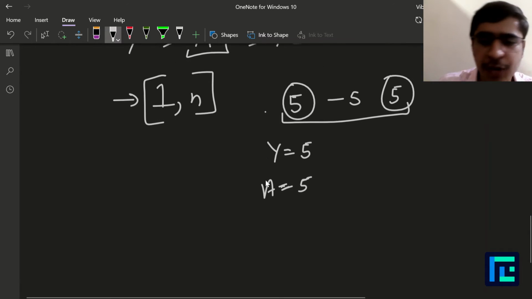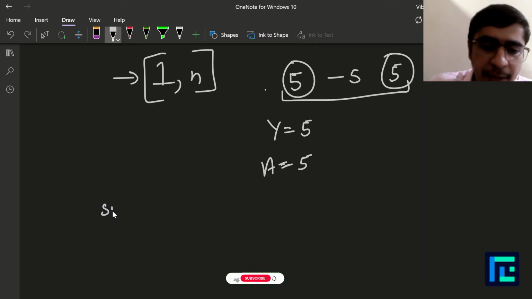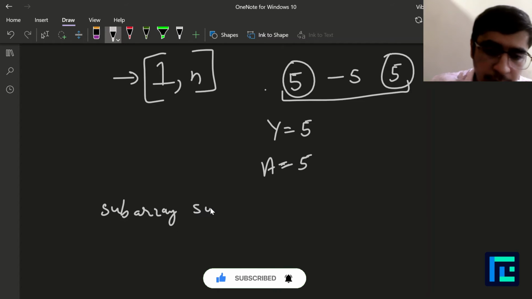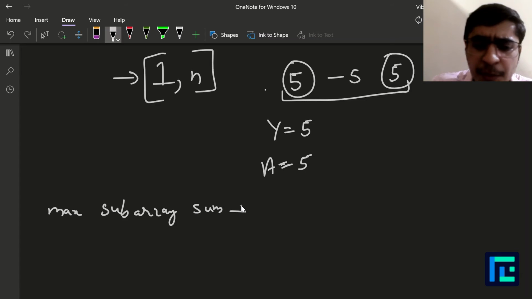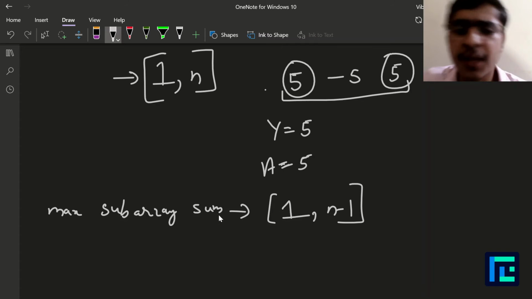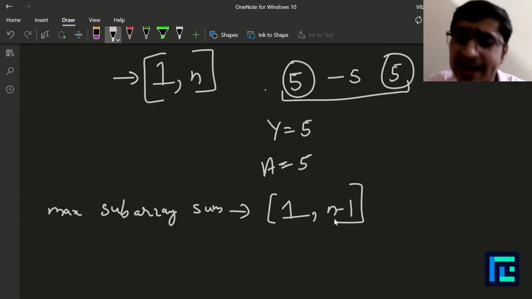There can be many ways to handle this. One way, since we are calculating maximum subarray sums, is to perform it in two parts. We won't run our maximum subarray sum algorithm for the entire array.